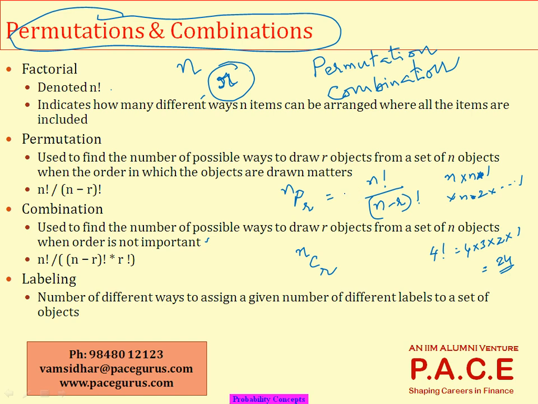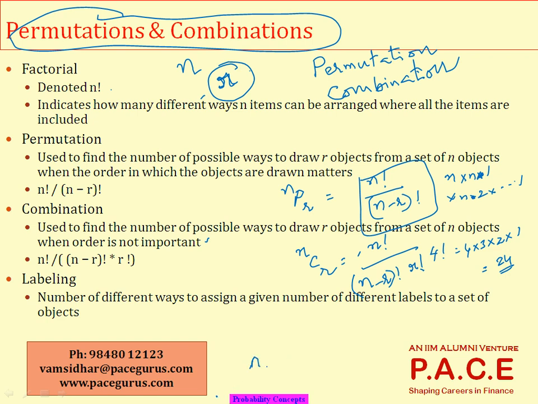So in nPr, the number of arrangements of r objects from n objects works out to n factorial by n minus r factorial. And for combination, where order is not important, it works out as n factorial by n minus r factorial, but with an additional r factorial in the denominator.